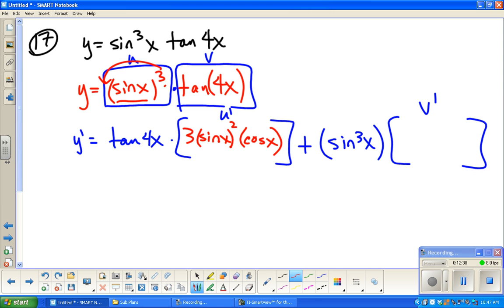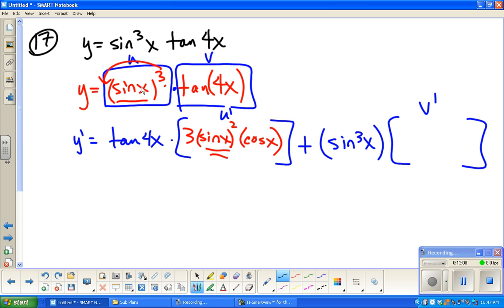So I'm done with u prime. I have to do 3 times the original inside to whatever power, and then times the derivative of the inside. So you're always doing the derivative of the outside with the original inside, and then times the derivative of the inside.